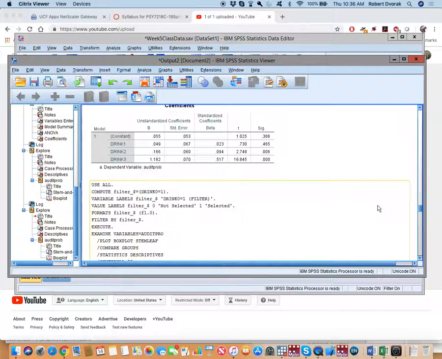So problematic drinkers have 1.19. The problematic drinkers have 1.23 more problems than non-drinkers. No, it's not 1.23. It's 1.182. Yeah, 1.182, right? You just interpret it just like that. Relative to non-drinkers, problem drinkers experience 1.182 more problems on average, right?